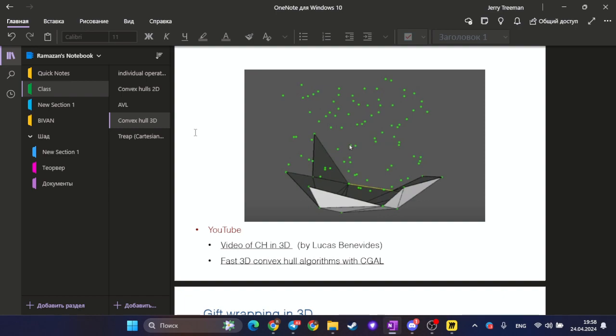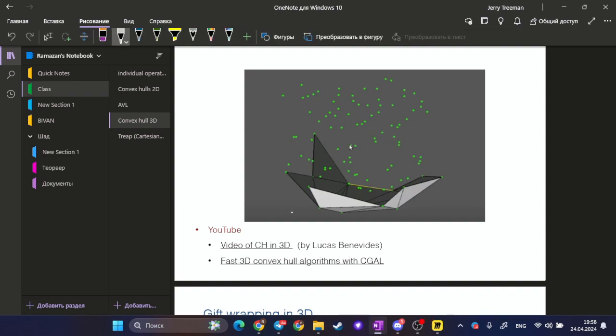We can place some plane that will be parallel to the OX, OY coordinate plane. So it will be located like this.